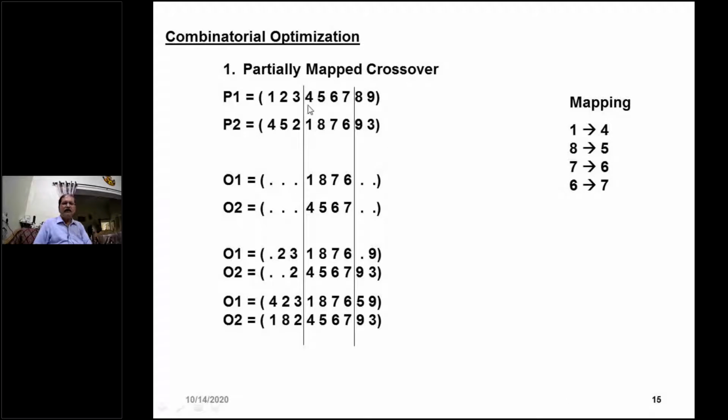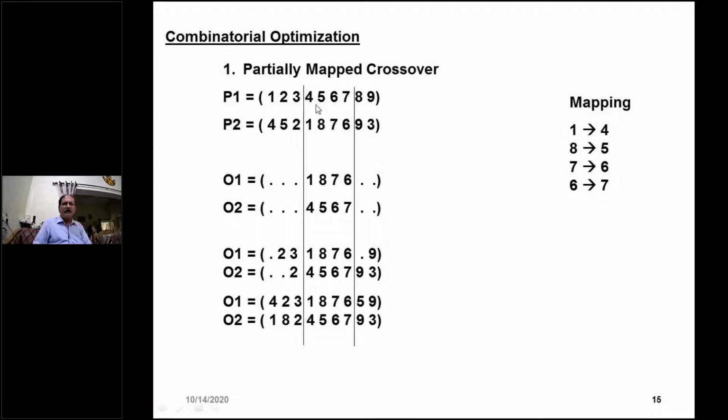Whatever is between these crossover points, the information is exchanged. So what we have exchanged here is, in the first offspring 1876 and in the second offspring 4567. Now we have to make a mapping: 1 with 4, 8 with 5, 7 with 6 and 6 with 7.